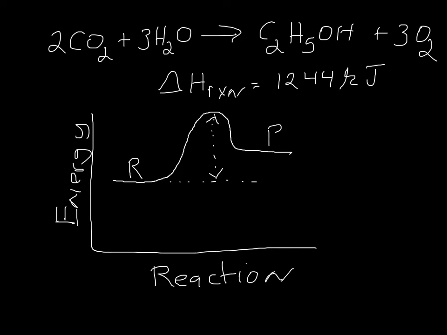That energy difference is represented here, and that amount for this particular reaction is 1,244 kilojoules. So this represents the energy that has to be put into the reactants in order to change them into products. In a few minutes we'll take a look at what an exothermic reaction looks like. But this is a useful way to understand and summarize what's going on in a reaction.